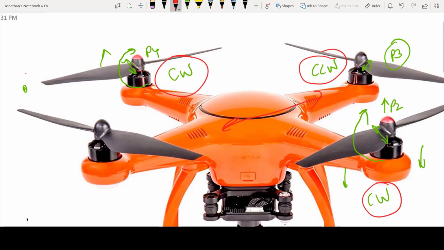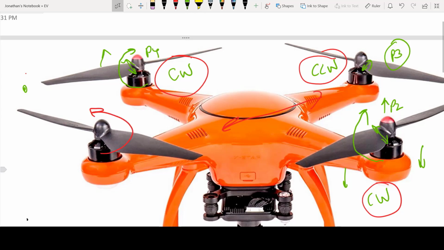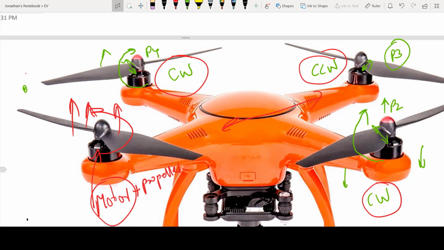So the RPM at which this propeller will rotate is directly dependent on this motor here. So it's a combination of the motor plus propeller, and both of these together generate the lift. It's not just the propeller, it's the motor that rotates the propeller, and together both of them will determine the amount of lift that you will have on your drone.